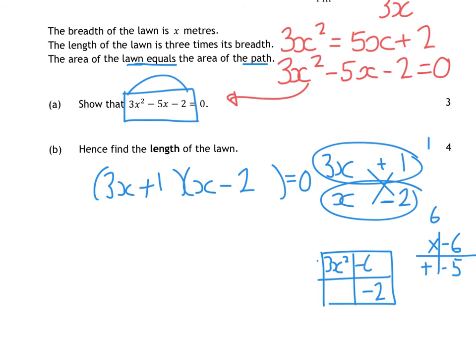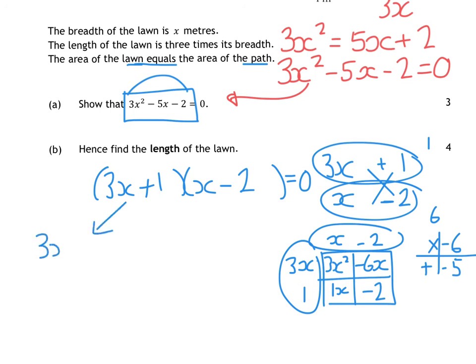So I put in a negative 6x and a positive 1x. You look for things in common on each row and column. On the top row, there's definitely a 3x in common. On the bottom row, there's nothing, so that means it's really just a number 1. On the first column, they both have an x, and on the second column, they both divide by minus 2. And then there are your brackets: 3x plus 1 and x minus 2. So whichever method you use, we still come out with that.